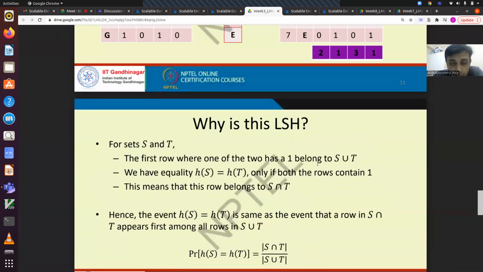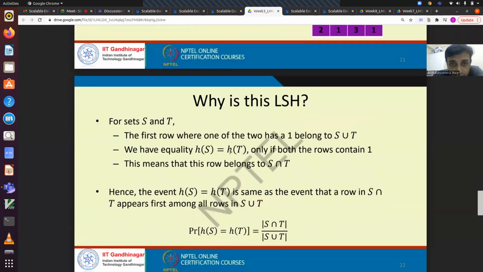We take a random permutation of the sets and we see the minimum element under that permutation. In any random permutation, if we have the same minimum element, that's what we are checking here. If we have the same minimum element, it's a member of this intersection set.